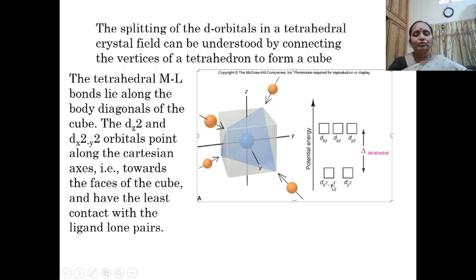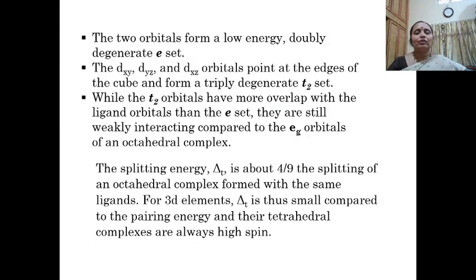So they have a lower energy. The two orbitals form a lower energy doubly degenerate E set. We do not write it as Eg because here there is no center of symmetry, so we simply write it as the E set.